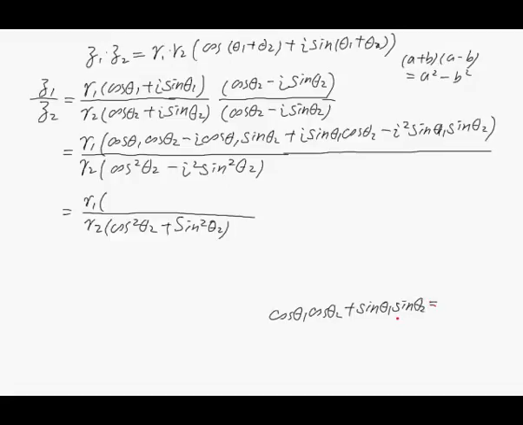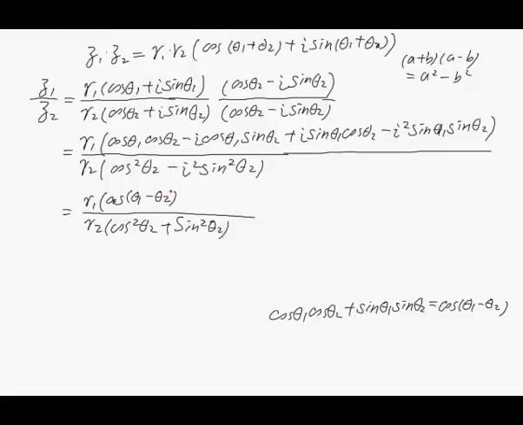What is this? Cosine of theta 1 minus theta 2, right? So we get this real part for this numerator, cosine of theta 1 minus theta 2.